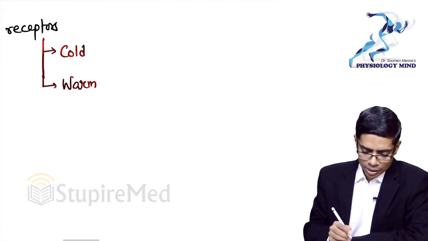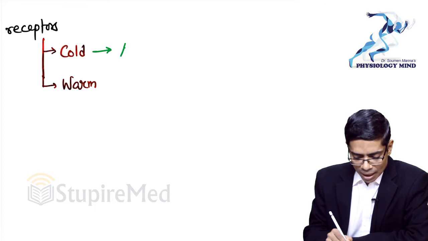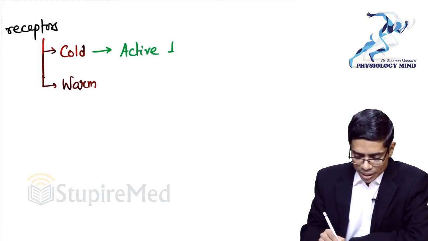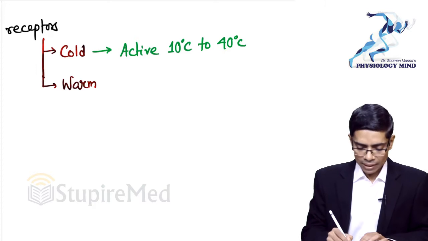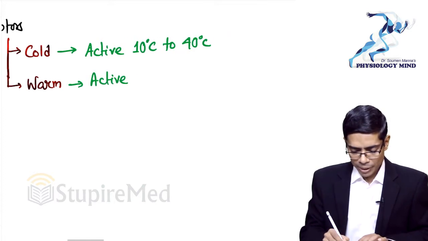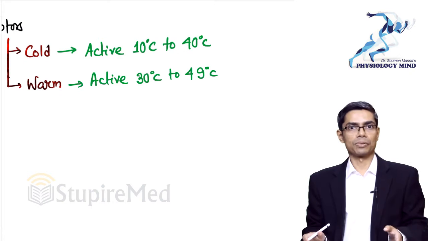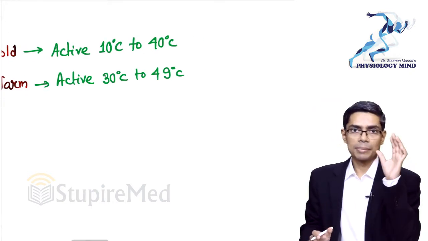Now for this cold receptor, you have to remember this information: they are active within a temperature range of 10 degrees centigrade to 40 degrees centigrade. And the warm receptors are active at 30 degrees centigrade to 49 degrees centigrade. So there is an overlap zone, and in that zone both receptors can act.